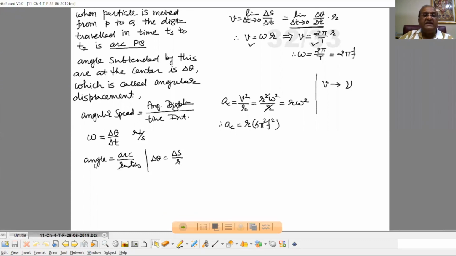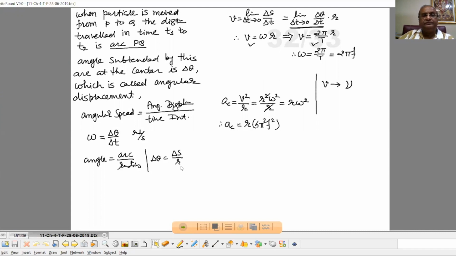Now we know that angle is arc upon radius. In the second chapter we studied this. So angle delta theta is arc delta s upon radius r.